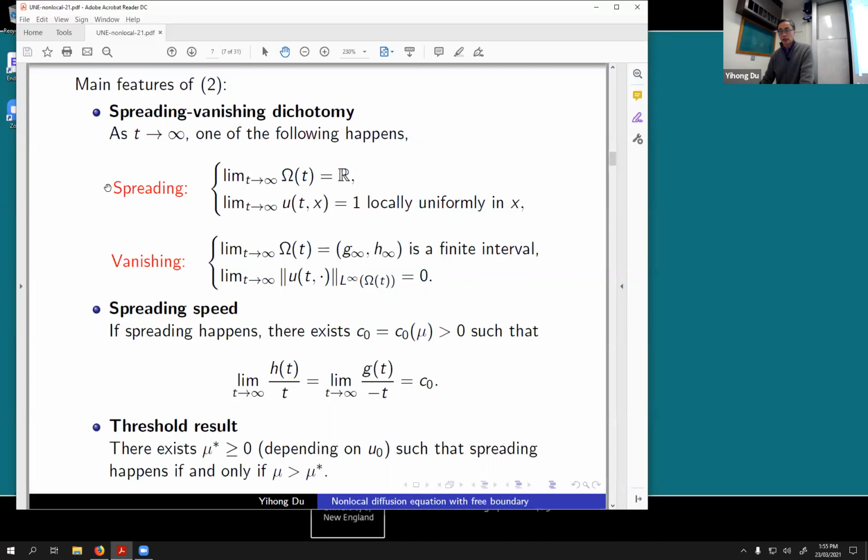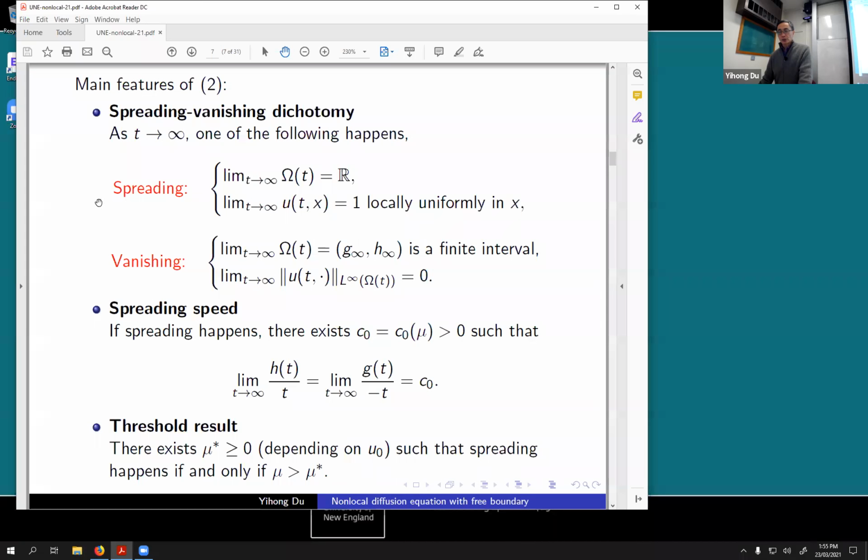So that's the case where spreading is successful. But we also have another scenario, called vanishing. So the population range converges to only a finite interval, and the population density converges to 0 uniformly on this changing interval.